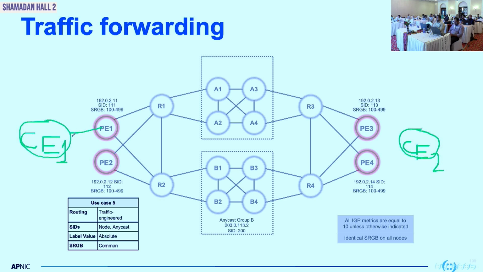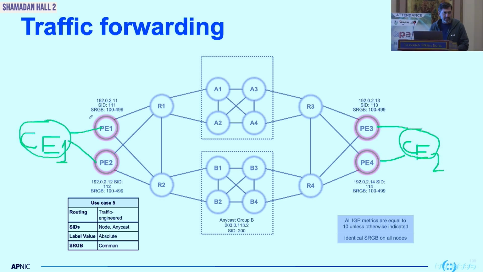This is connected with P1 and P2, and this is connected with both of the P's here. So now these two, P1 and P2, can provide the connectivity to C1. That means we can configure the APNIC SID for both of them. So we can put these two routers in one group, and we can put these two routers in one group.